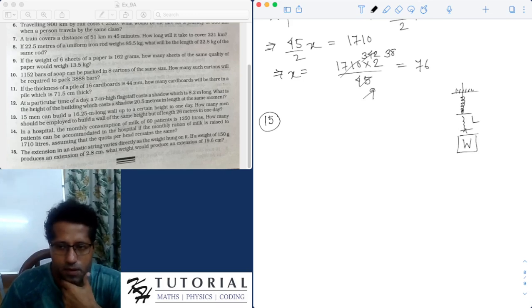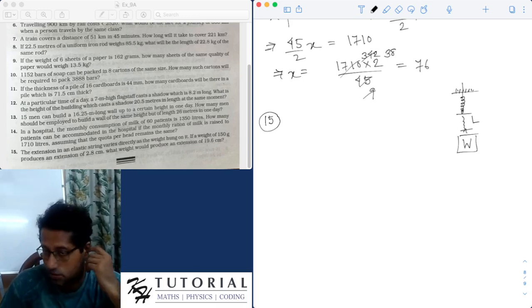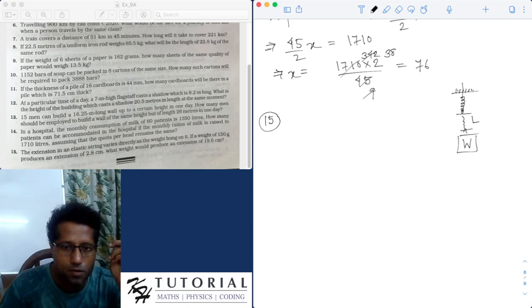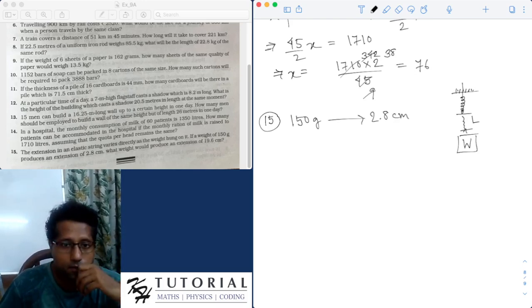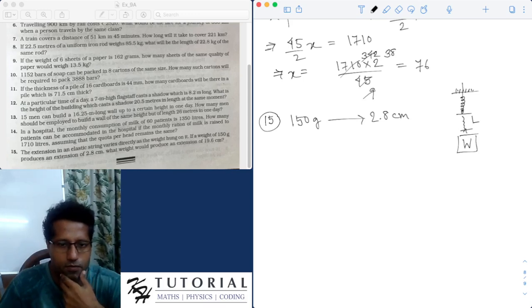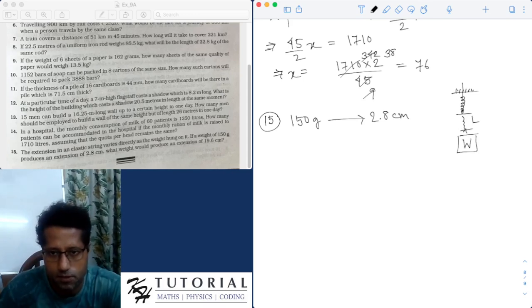So L by W will be constant. If you increase the weight, the extension will be more, and if you decrease the weight, the extension will be less. Okay, so if a weight 150 gram produces an extension of 2.8 centimeter, what weight would produce an extension of 19.6 centimeter? So let's say a weight of X gram will produce an extension of 19.6 centimeter.